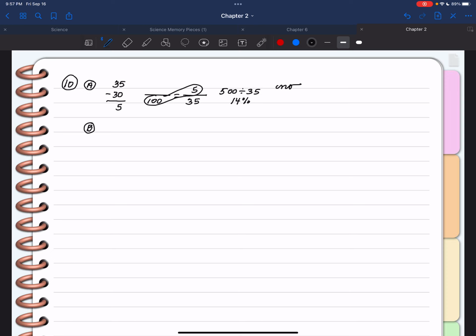The temperature fell from 40 degrees to 10 degrees. So 40 minus 10, that is a 30-degree change.